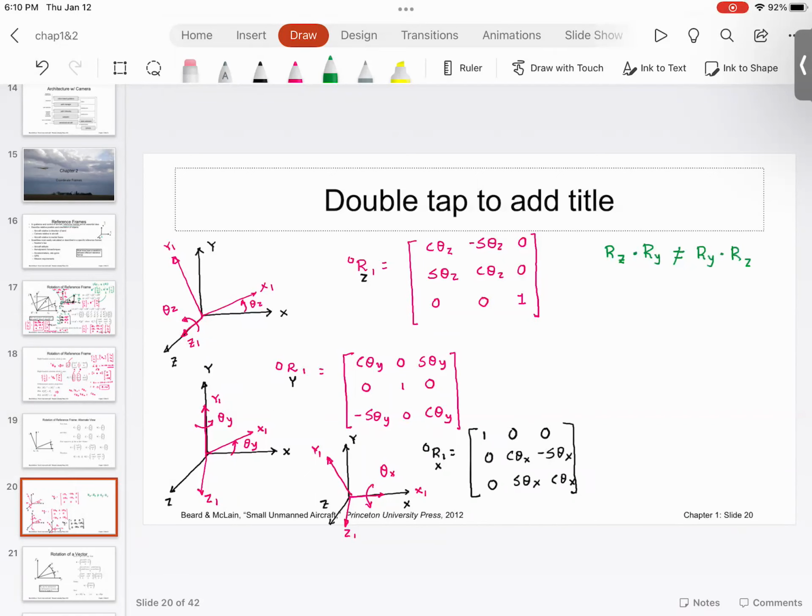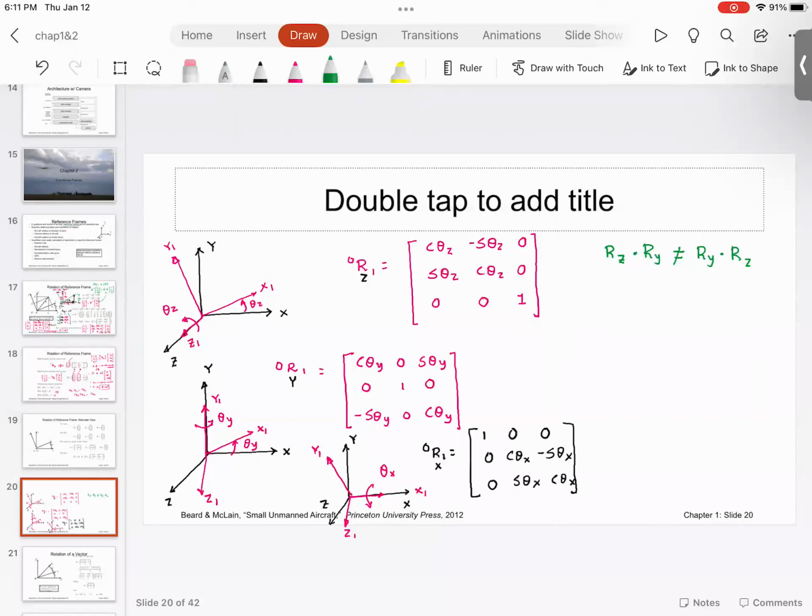What it means is the order of rotation is very important. So if you rotate about x and then you rotate about z, the orientation that you get is different from rotating about z and then about x, which means the order of the rotation is very, very important.